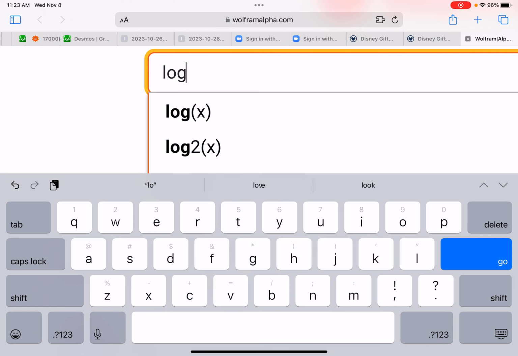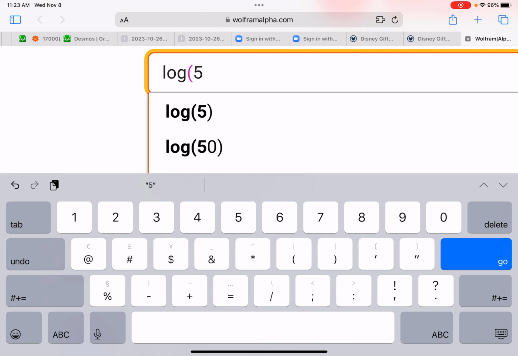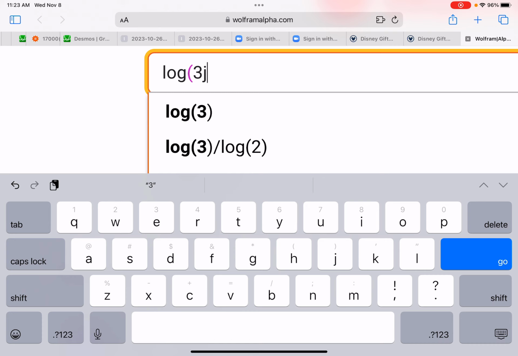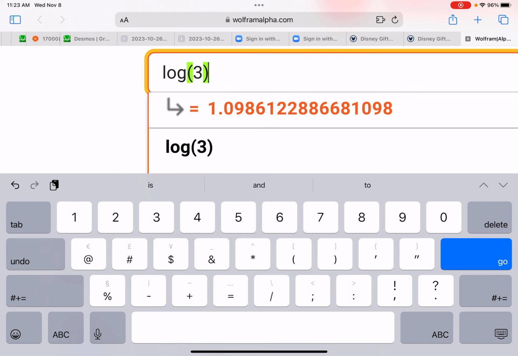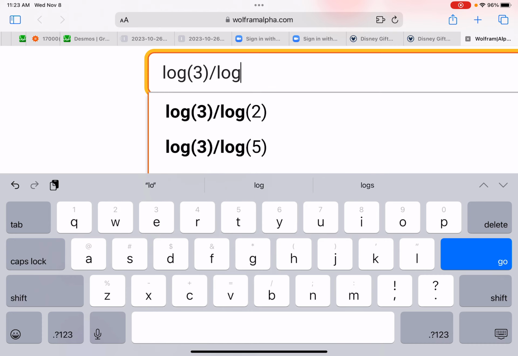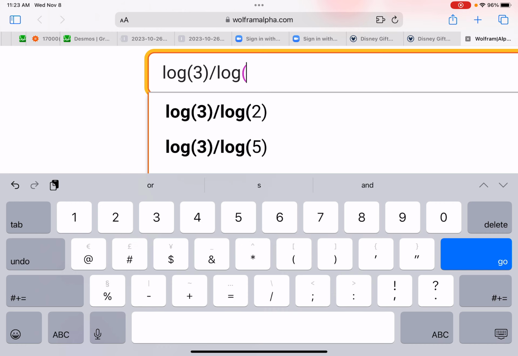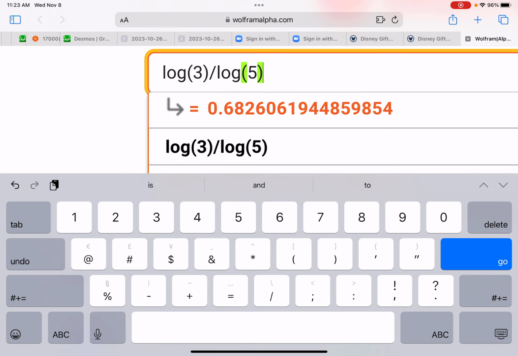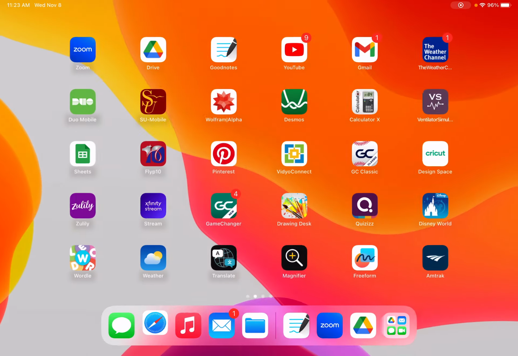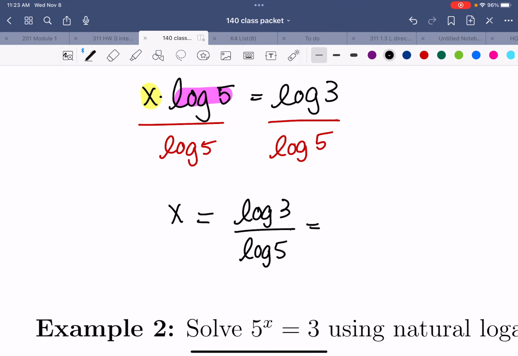So log of 3 is on top, divided by the log of 5. And then we get this decimal. So it'll always pop up the answer to you right away. So point in there in orange, 0.683. So this is equal to 0.683.